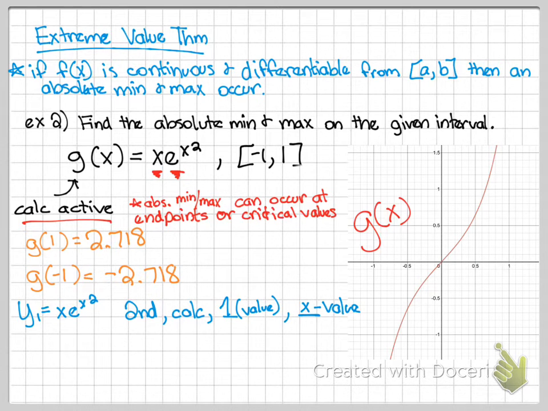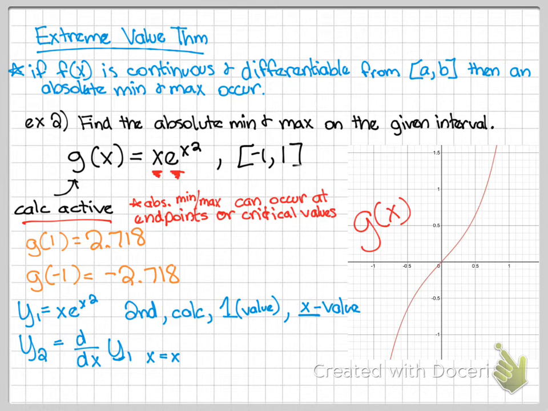So the only other thing we have to consider is critical values. Remember, critical values occur when the derivative is 0. So in y2, I'm going to put the derivative. I don't actually have to find that mathematically. I can do second calc and 6. So I'm going to put in y2 d/dx of y1, I don't have to type in the function again, and we want the entire derivative, so x equals x.